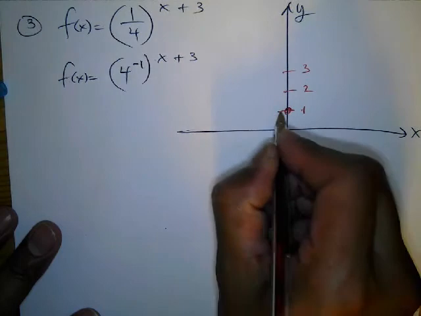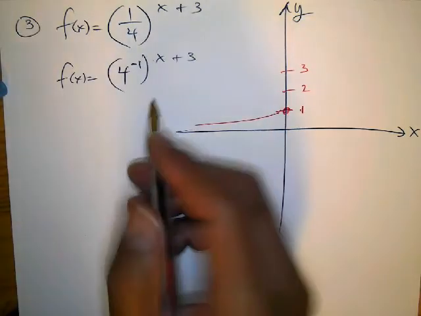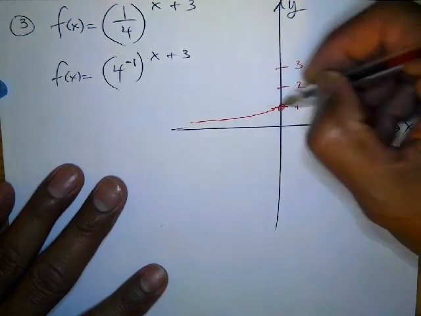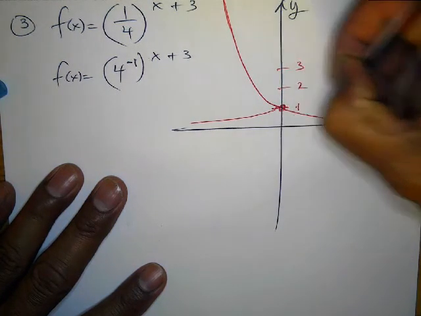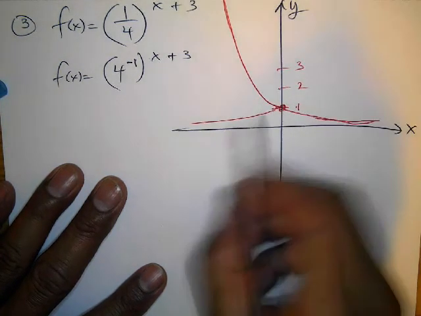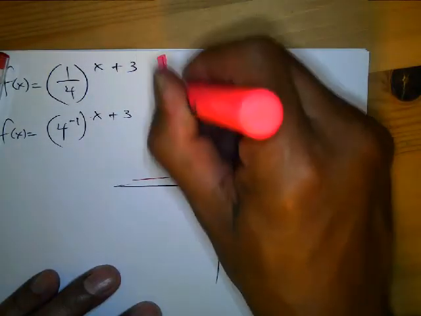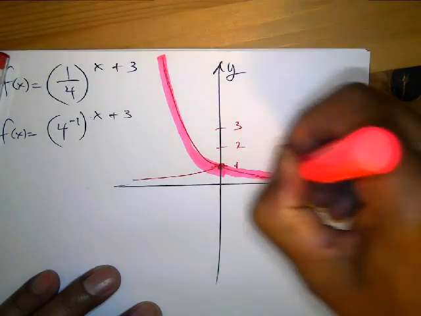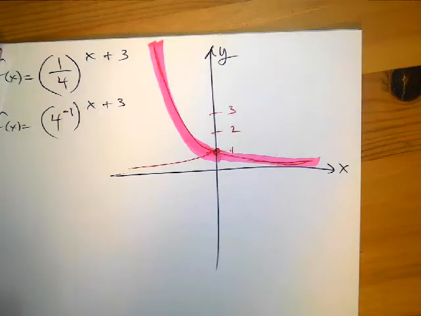My critical point is right here at 0, 1. Here's the graph of the parent function. Oh no, this is decreasing. It's a decreasing function. I'm messing up again. A decreasing function starts high on the left and decreases this way. Ignore this. It's this one, right?